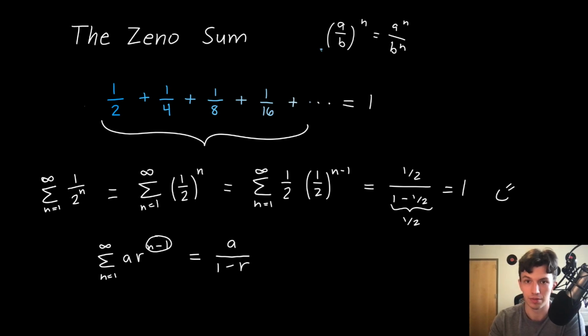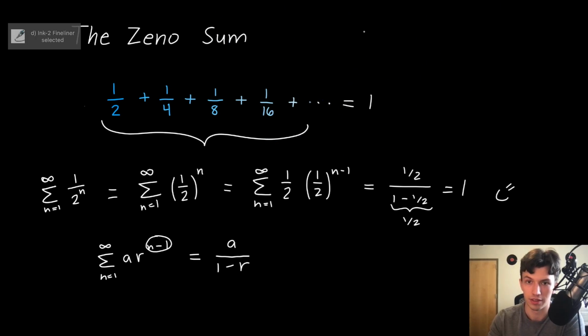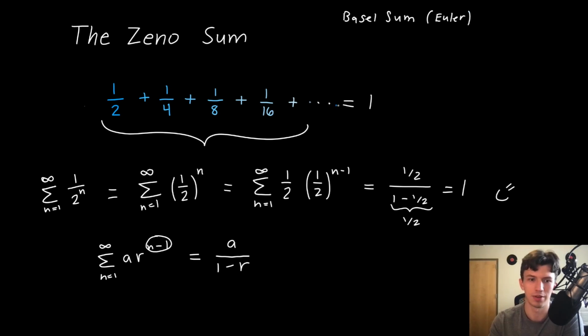Now the Basel Sum looks like this. And it was actually figured out by Euler. And he lived in, I think it was a town called Basel at the time, and so did somebody else who tried to figure it out. Bernoulli, I think, maybe not.